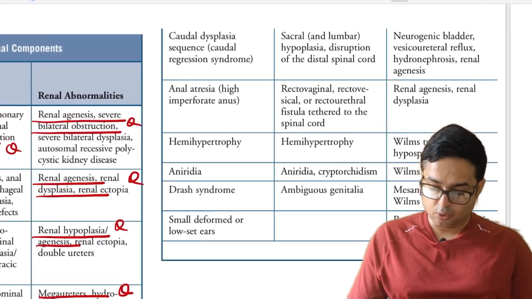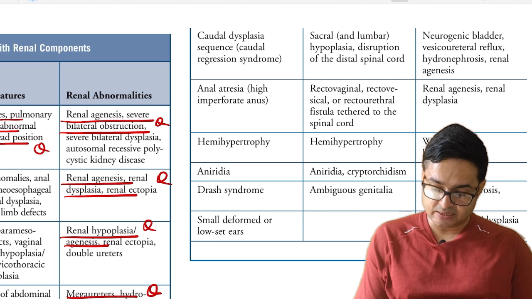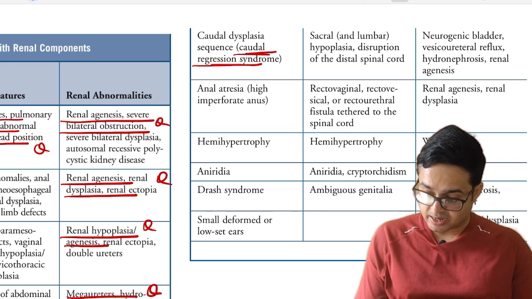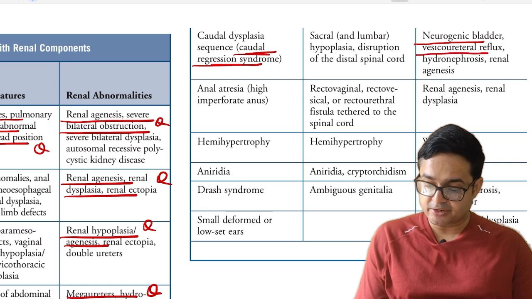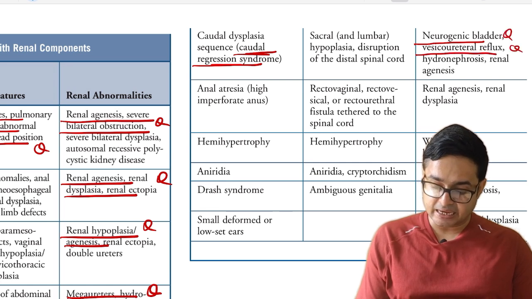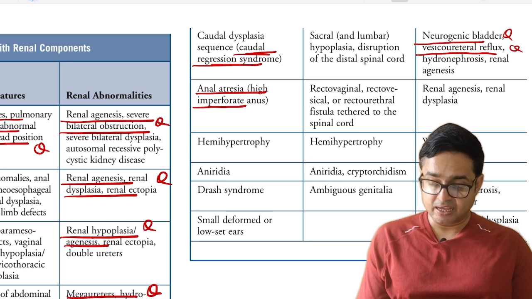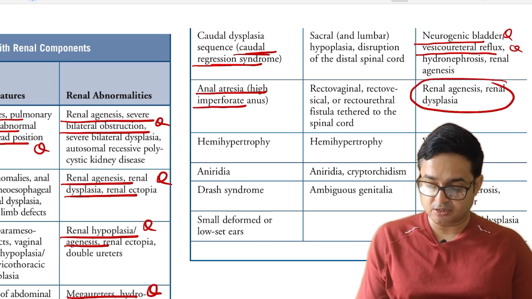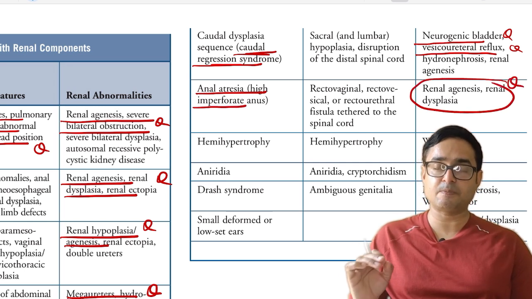Similarly, caudal dysplasia, that is caudal regression syndrome. Neurogenic bladder is seen, vesicoureteral reflux is seen. Anal atresia, that is high imperforate anus. In this condition, PYQ question, renal agenesis and renal dysplasia are seen.